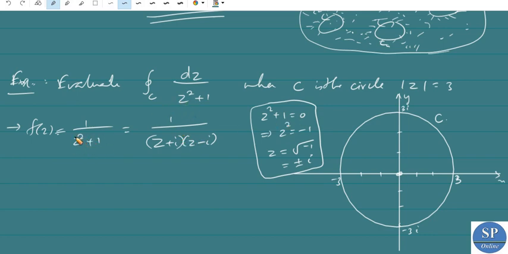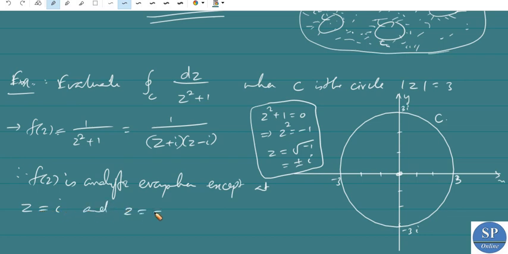That means the zeros of z square plus 1 are z equal to i and minus i. So z minus i is a factor, and z plus i is a factor. Therefore f of z is analytic everywhere except at z equal to i and z equal to minus i.